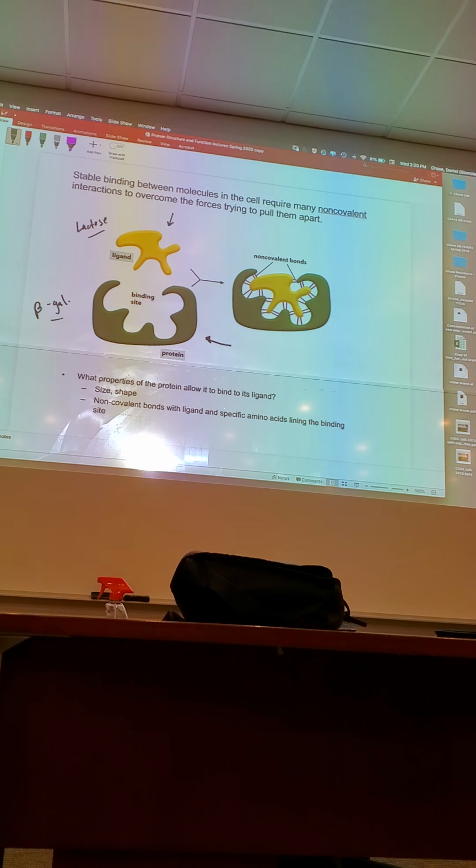But it does have a binding site that perfectly matches the ligand such that those two molecules can interact and form a stable complex. An enzyme that's going to take lactose and convert it into glucose and galactose has to hold on to lactose. There's got to be a stable formation of a complex of some sort between those two before it can act on it and create products.